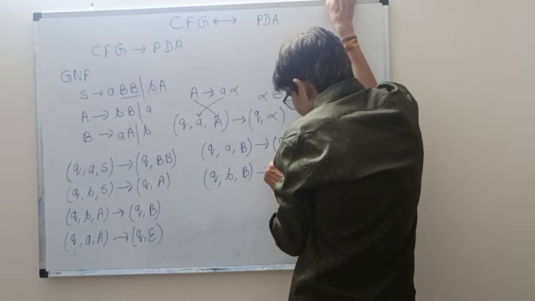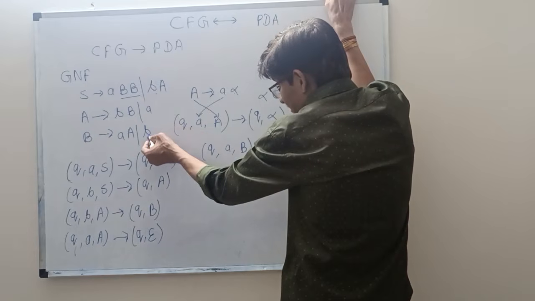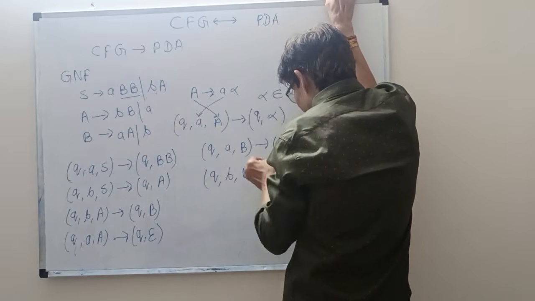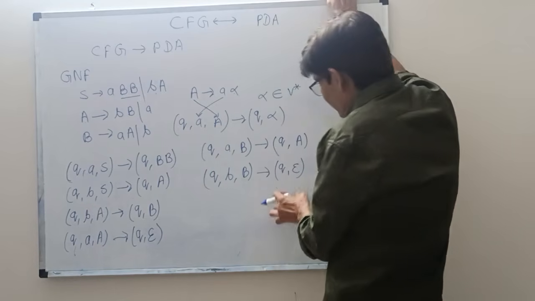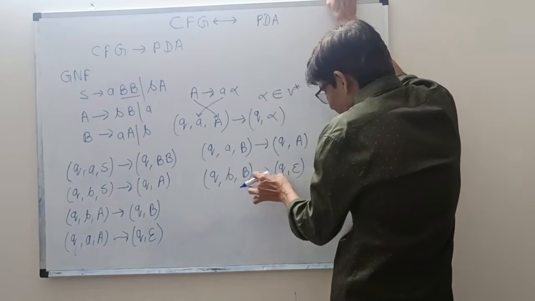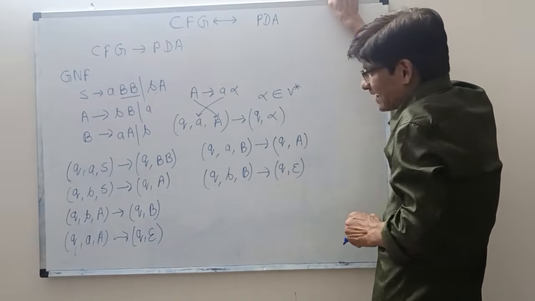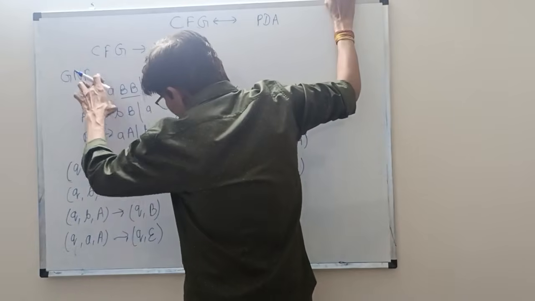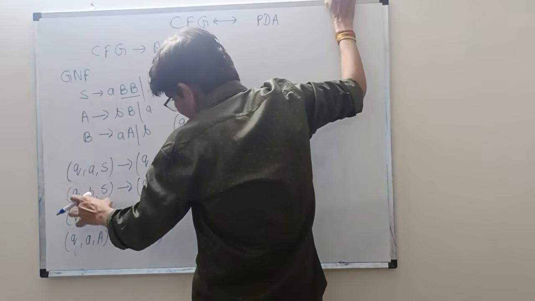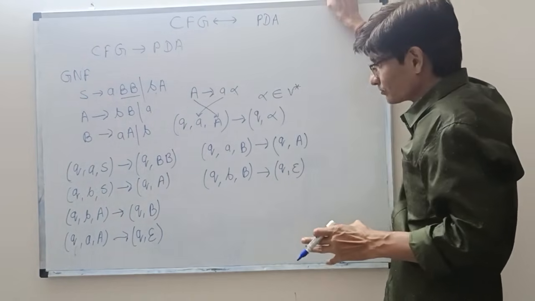Now I will stay in Q, and as there is nothing after B, I can write epsilon here. This means on this combination we will pop one element from the stack. So we have converted all these production rules into corresponding transitions.